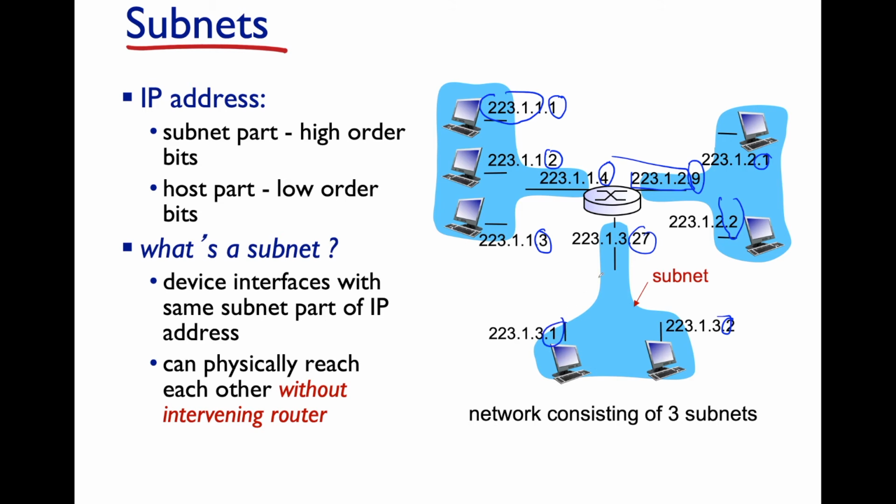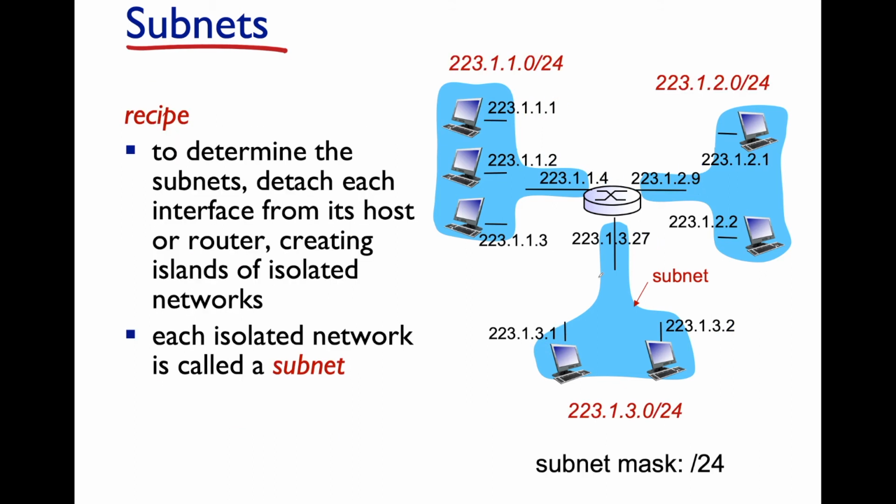And so here we have a network that consists of 3 so-called subnets. We have the 223.1.1 subnet, the 223.1.2 subnet or network, and the 223.1.3 network. Okay, and so in order to determine the subnets, what you do is you detach each interface from its host or router, and you create these so-called islands of connectivity. Each isolated island is going to be a subnet.